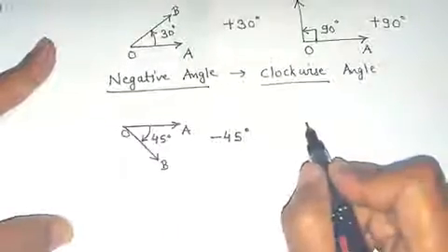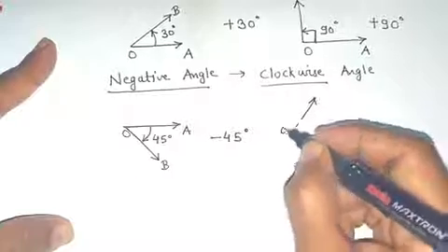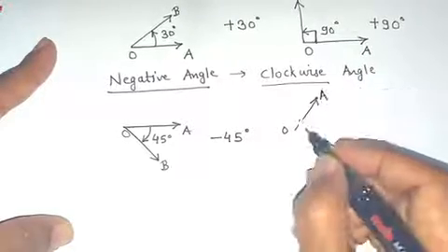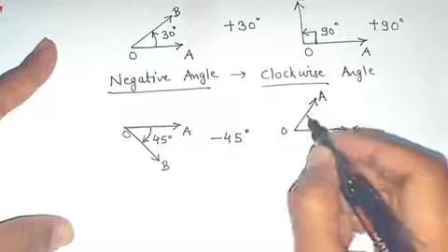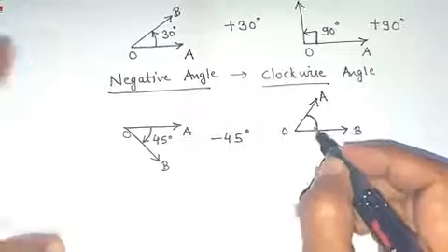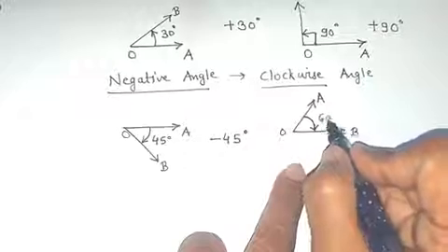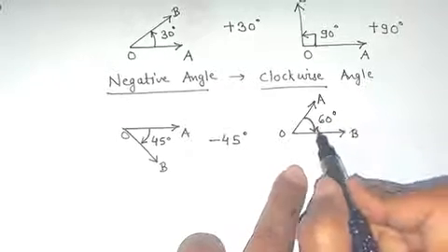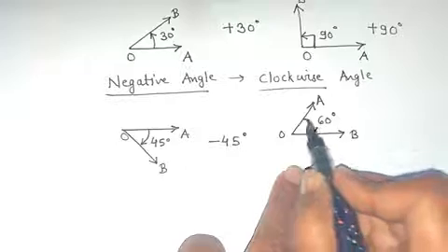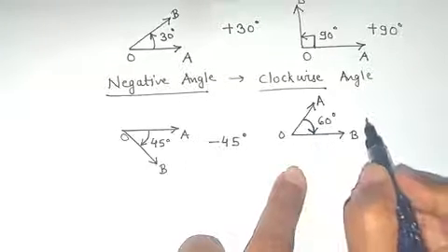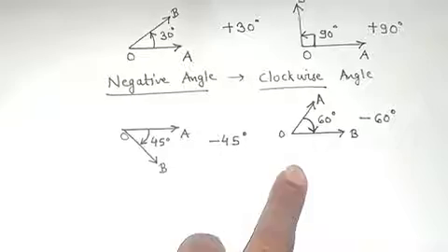And taking another example, suppose this is OA and OB is here, and we are going with the direction of angle as clockwise. Let's assume this angle is 60 degree. Now just take care of this arrow's direction. This is clockwise, so the angle will be minus 60 degree.